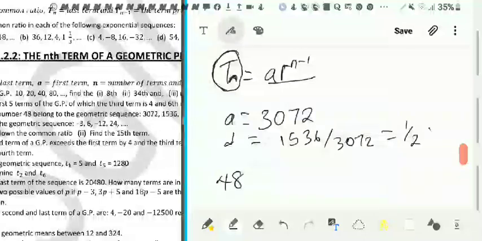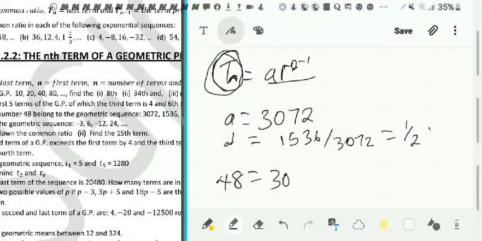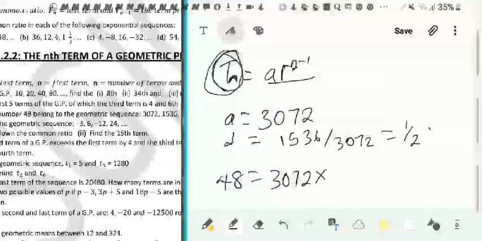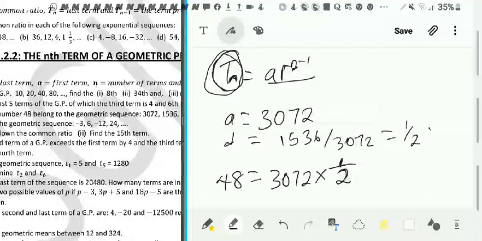Now Tn is 48, and we're going to be solving for n. Which term of this sequence makes Tn equal to 48? So we have 3072 times R, which is 1 over 2, raised to the power of n minus 1.